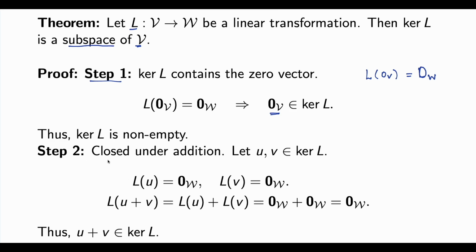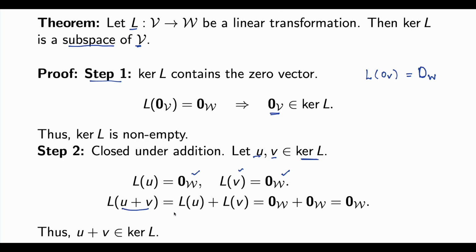Second step, what we have to show is closed under addition. Let u and v belong to kernel L. Then as per the definition, L(u) maps to the zero vector of W and L(v) maps to the zero vector of W, right? Now, what about u plus v? Since V is a vector space, u and v belong to V, so their sum also belongs to V. Okay, so u plus v is in V, and now take L on u plus v.